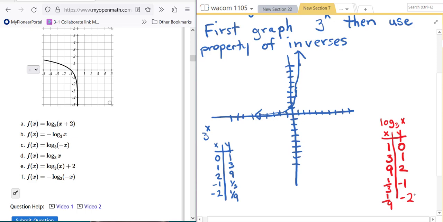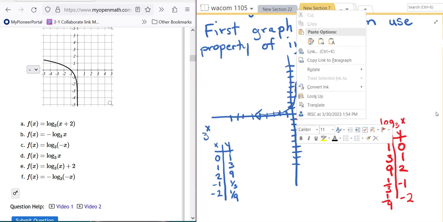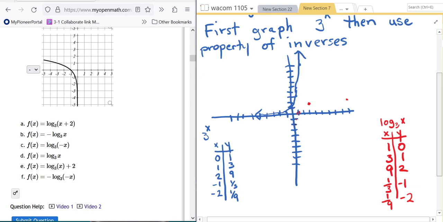I think I'll put it on the same grid because remember they're going to flip across that line y equals x. And so I'll do 1, 0; 3, 1; 9, 2; 1/3 and negative 1; and 1/9 and negative 2.